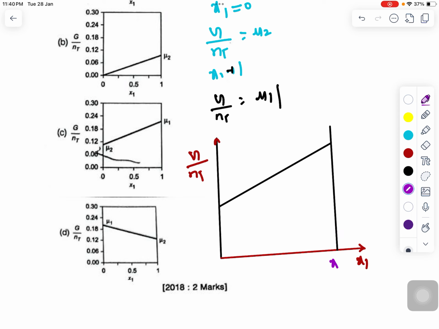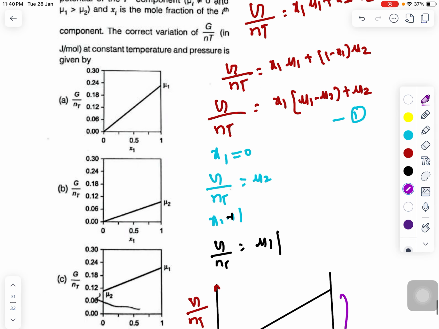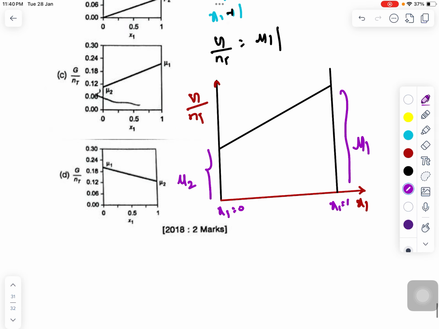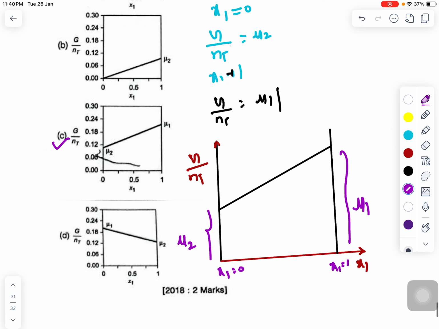So this value, when x1 is equal to 0, is your mu2, and this value, when x1 is equal to 1, is your mu1. So now you can see from your options, option C is the correct option. Is that clear? That's it.